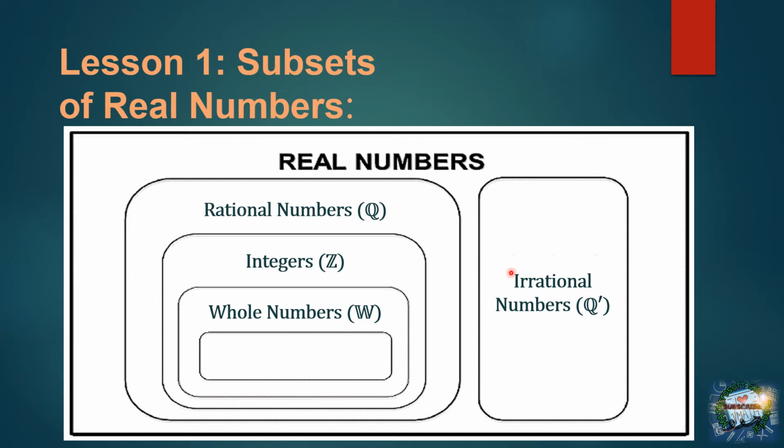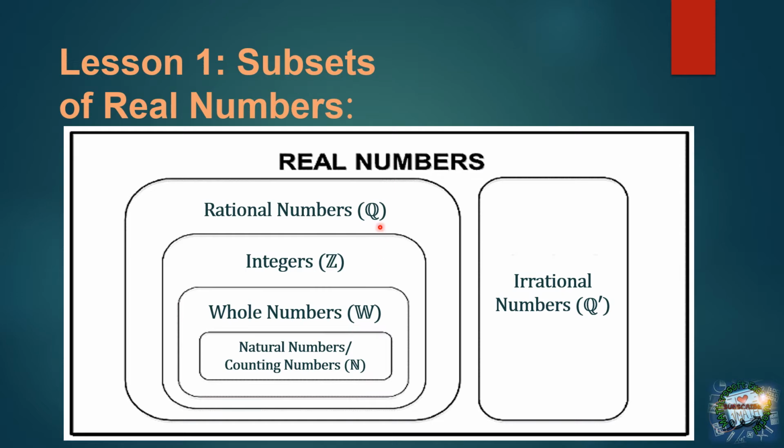Okay, so as we continue, natural numbers or counting numbers are part of whole numbers, and whole numbers are part of integers, and integers are part of rational numbers, and rational numbers are part of real numbers. Okay? So kaya ito yung mga subsets niya.